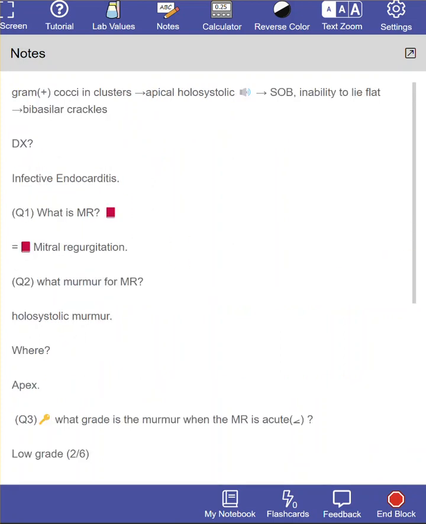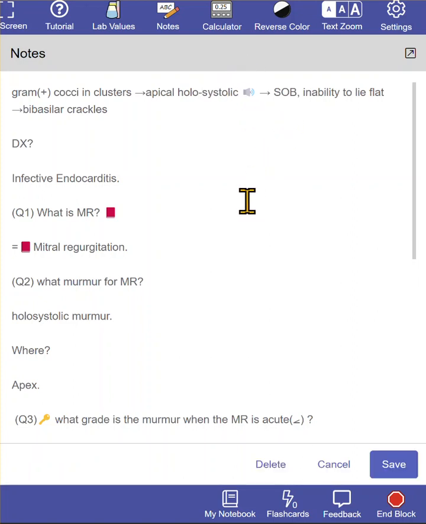So gram-positive cocci in clusters goes to apical holosystolic murmurs. Holosystolic, meaning the entire duration of systole. Apical, meaning, you know the mnemonic all people take money?